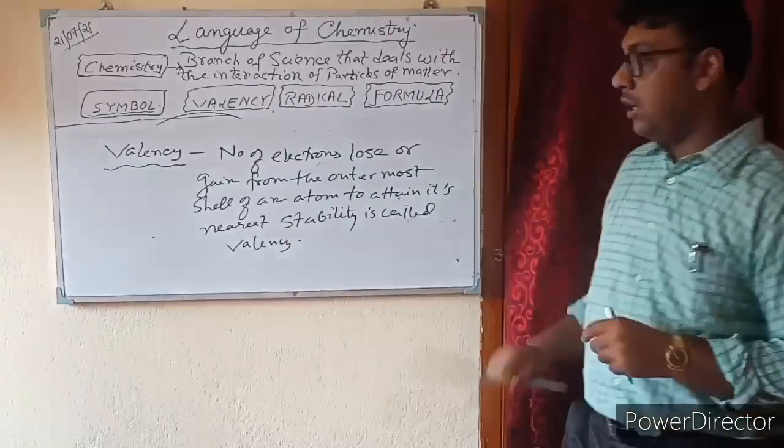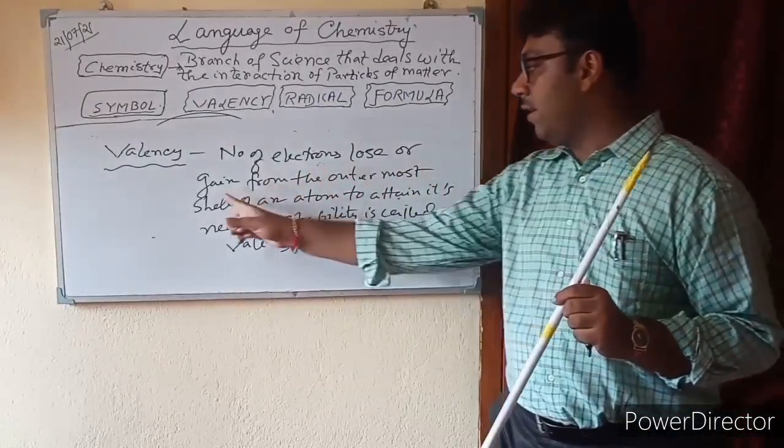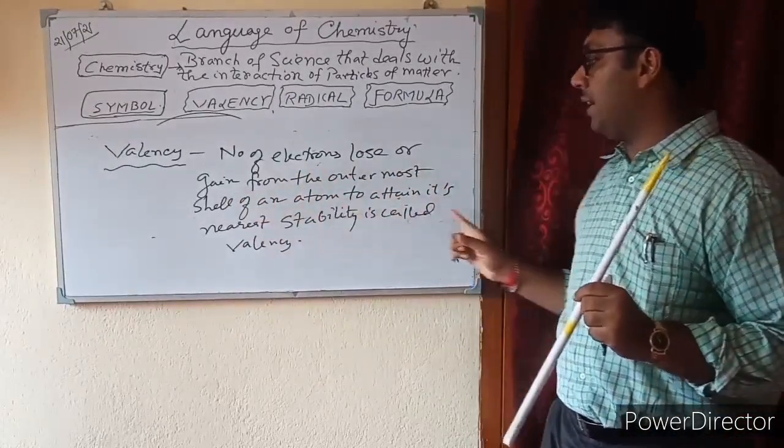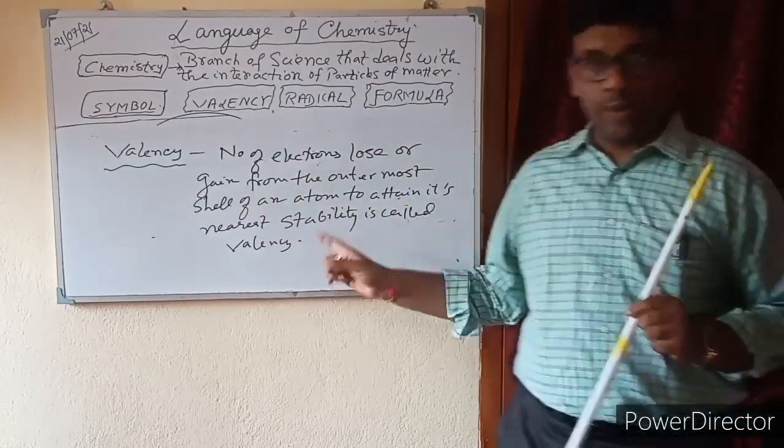This is another definition. Number of electrons lost or gained from the outermost shell of an atom to attain its nearest stability is called the valency.